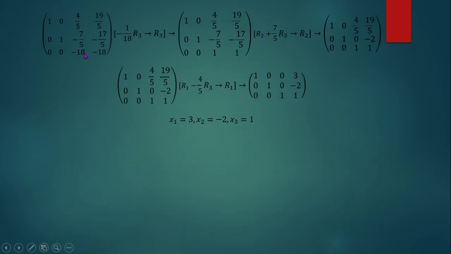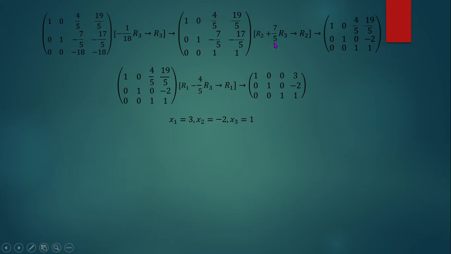Next, I will choose this as the main pivot, but before that I want to make it become 1. So divide by -18, substitute into R3. So we get 0, 0, 1, and here 1. And then I want to make both of these become 0.